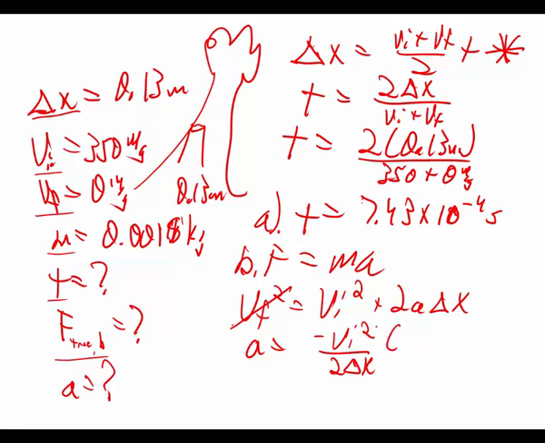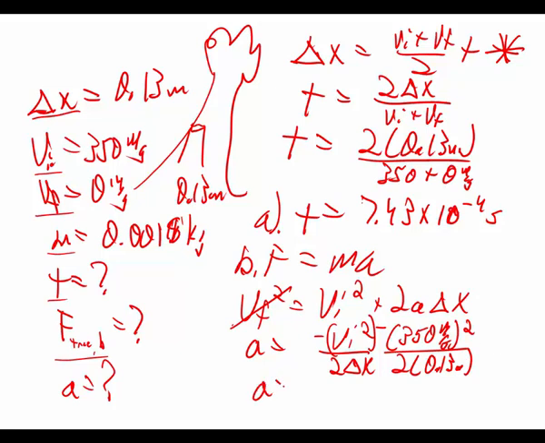Now watch, that's negative on the outside. Negative, and that's 350 meters per second squared. So square it and then leave the negative, divided by 2 times 0.13 meters.